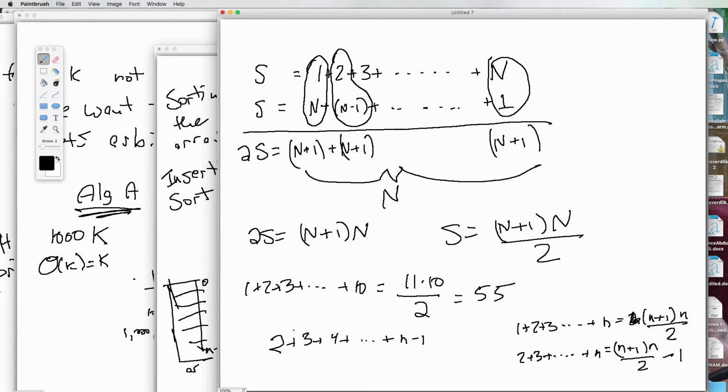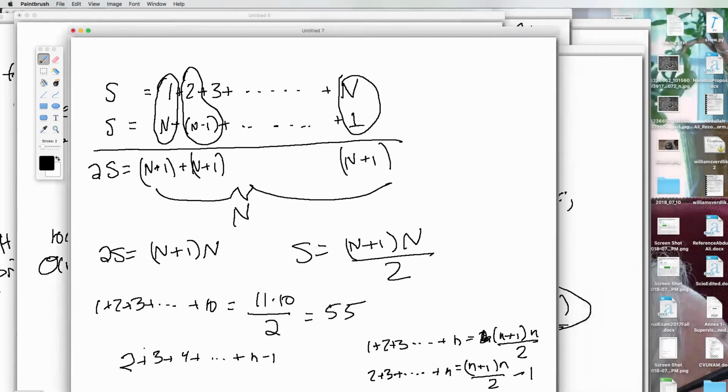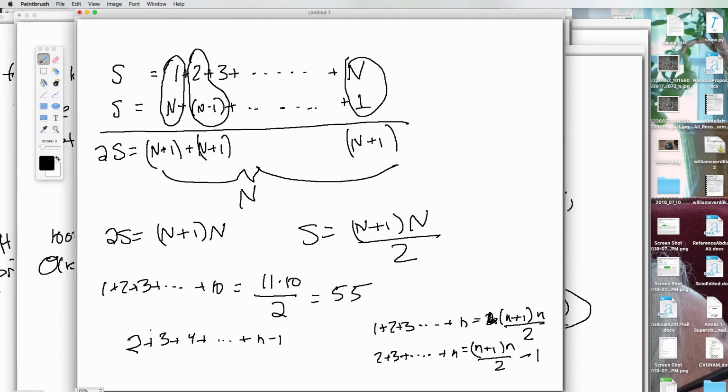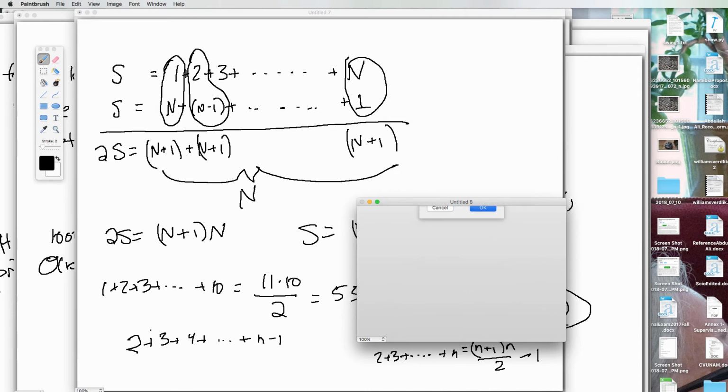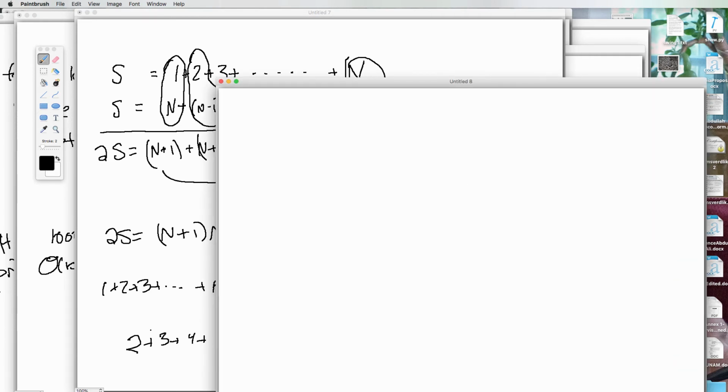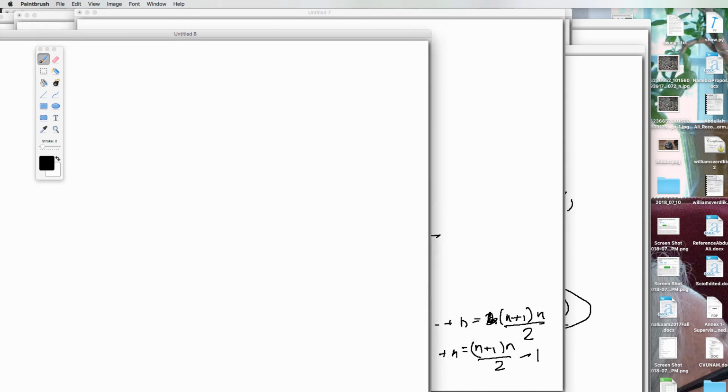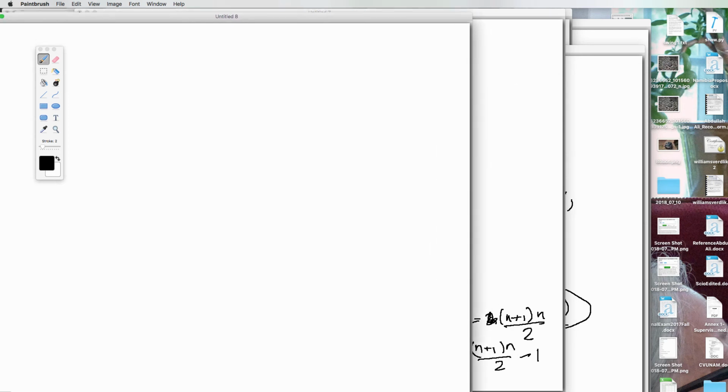What I certainly could do is give myself a little more space to write. Okay, let me come over here. So what I need to do is I'm going to just transpose this. I have that 2 plus 3 plus up to n is equal to n plus 1 times n over 2, and this is minus 1.